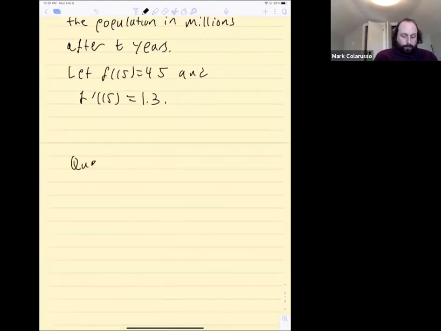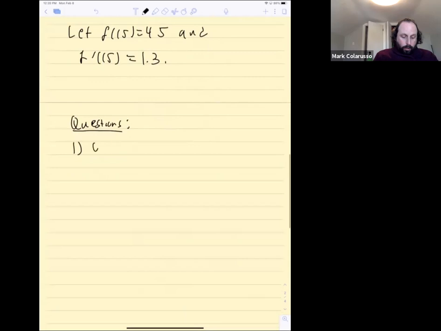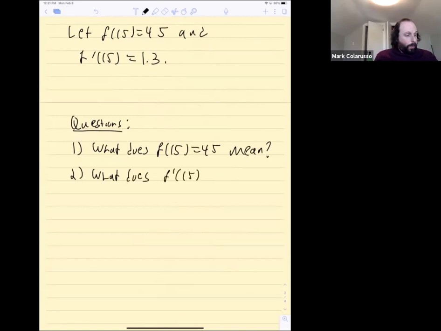Question 1: what does f of 15 equal 45 actually mean in practical terms? What does that mean in practical terms? Question 2: what does f prime of 15 equal 1.3 mean in practical terms?